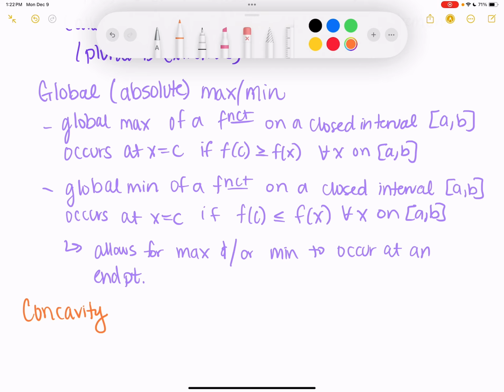Concavity goes from right here all the way down here. There's only 2 minutes, so I'm not going to do that. We'll just pick up concavity tomorrow.